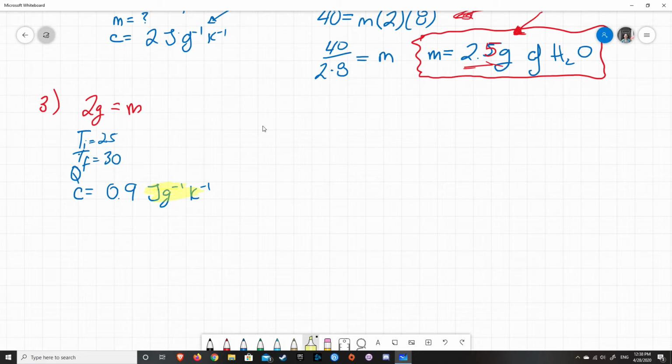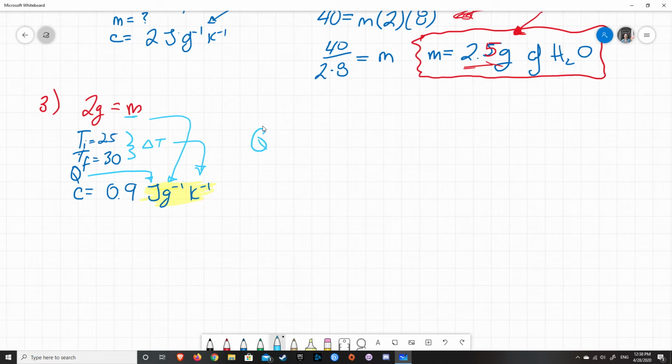The units are very, very important because this is critical to your calculations. You look at the units, then you make sure they're all in the same units. Make sure that our delta T is in Kelvin, make sure our mass is in grams, and our final answer is going to be in joules.